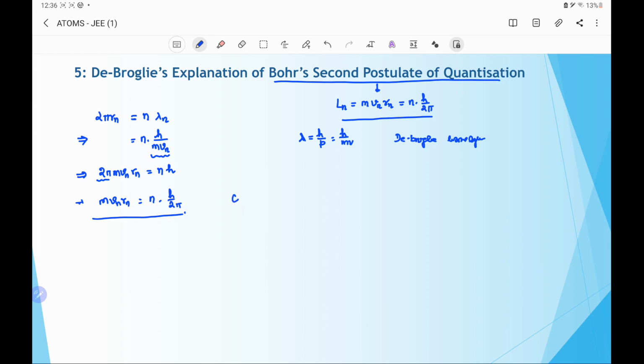This is the quantum condition proposed by Bohr for angular momentum of electron.